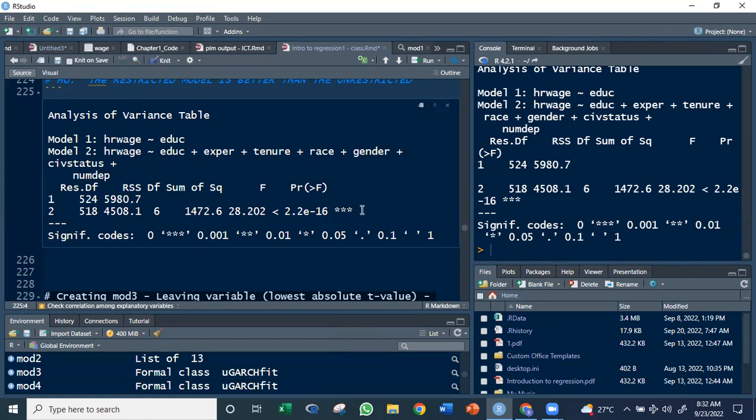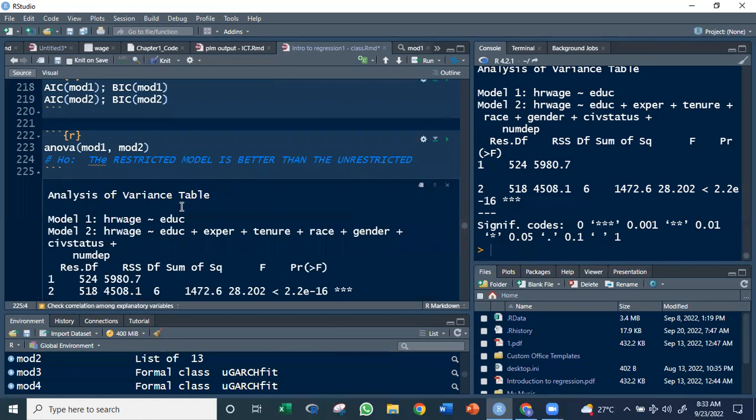So our conclusion is we reject the null hypothesis. We reject the null hypothesis that the restricted model is better than the unrestricted model. Which is the restricted model? This one, our model 1, the simple linear regression. Which is the unrestricted? Our multiple linear regression.